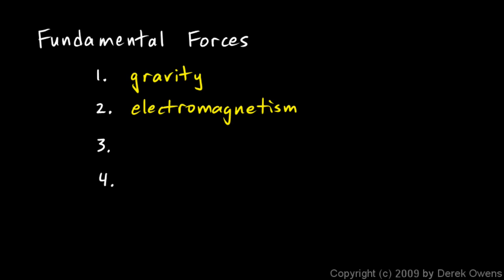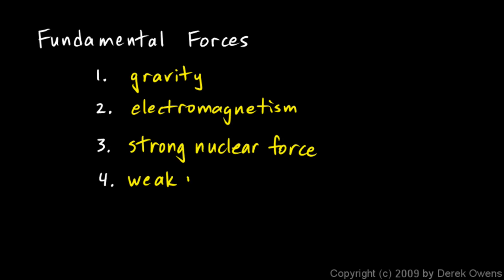And then there are two other forces, what we call the strong nuclear force and the weak nuclear force. The strong nuclear force and the weak nuclear force show up inside an atom, and they determine how things behave inside an atom. Just like gravity determines how things behave on a large scale, how the planets orbit the sun, they follow the laws of gravity.